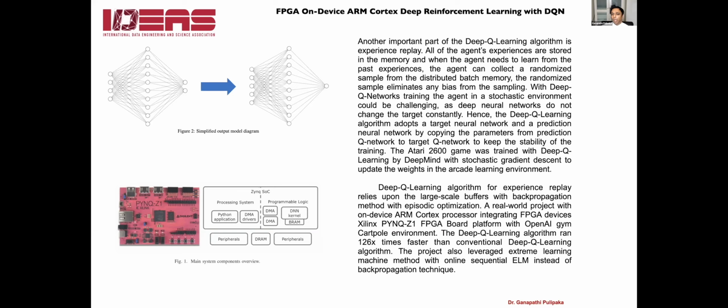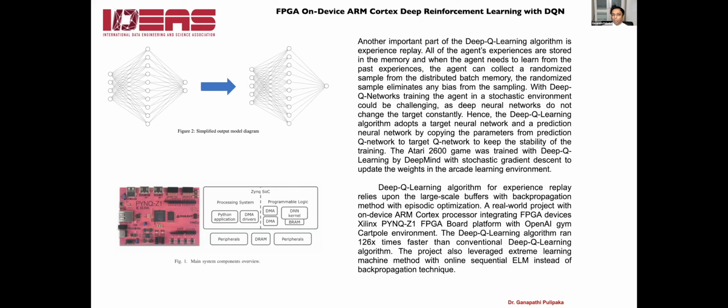So why is the PYNQ-Z1 FPGA board platform more efficient as opposed to running it on a regular GPU? The reason is that, as I mentioned, it needs the experienced player to understand all of the different states it has been operating in for a while and how it can go back in time and look at all of the states in different memories.